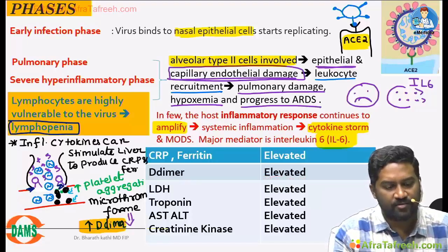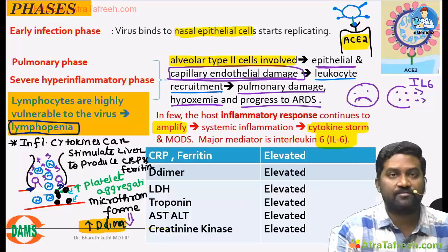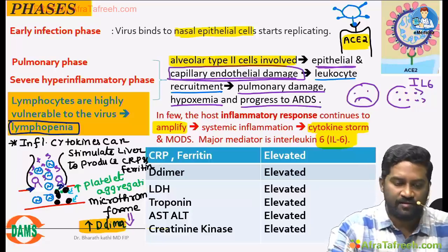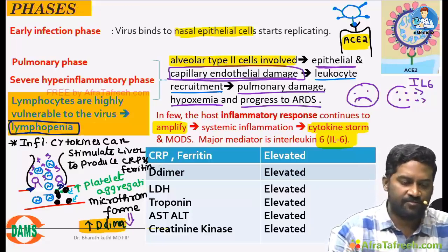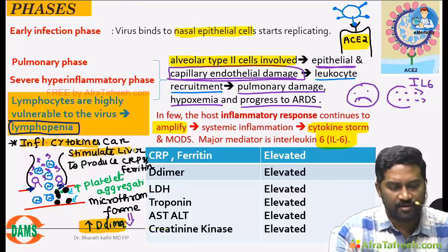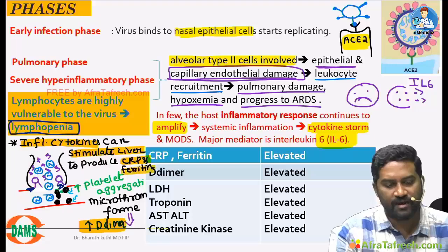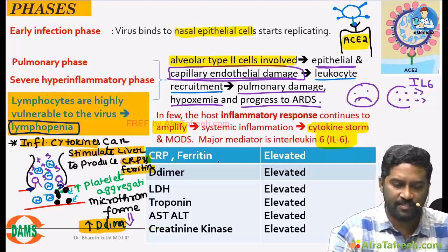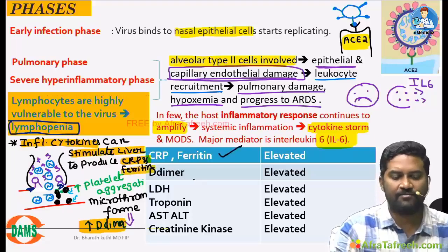CRP is C-reactive protein, and ferritin is also a protein produced by the liver. In this inflammatory response, these inflammatory cytokines stimulate the liver to produce CRP and ferritin. Because of that, in the blood, CRP and ferritin are elevated.